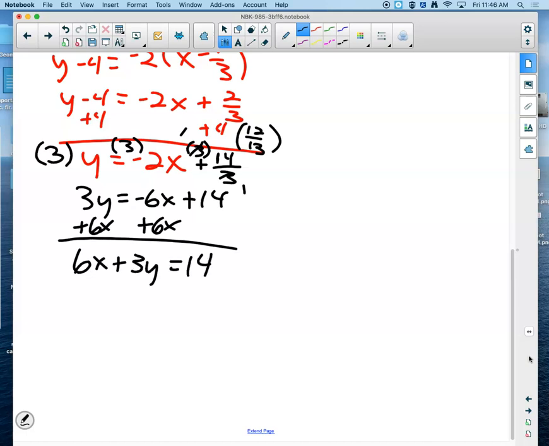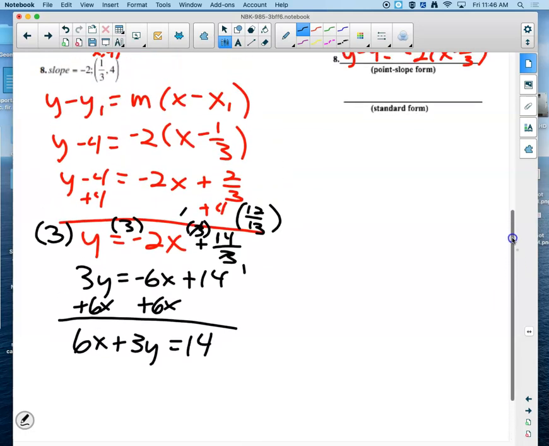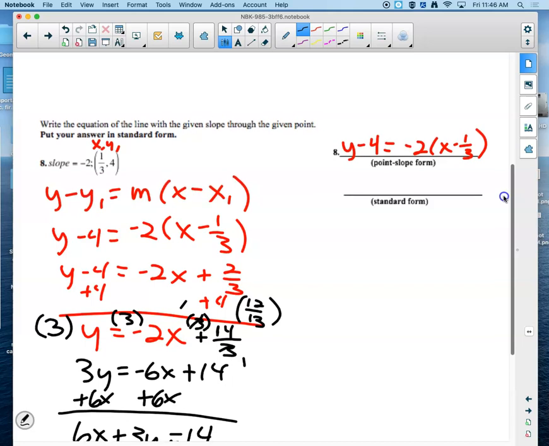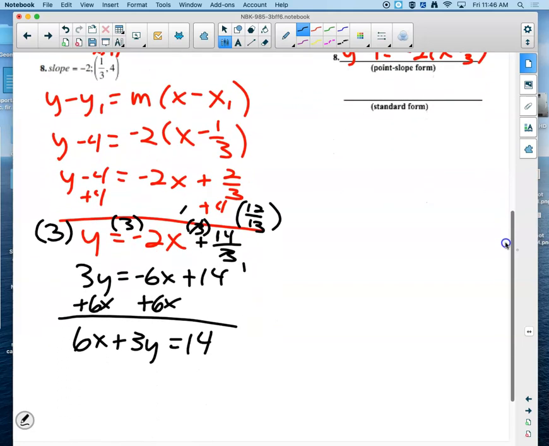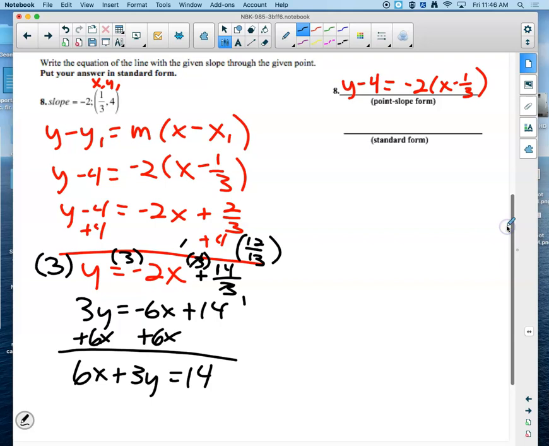That was a lot of good algebra. We used 3 different forms. We had point slope, slope intercept, and standard form. Excellent. Let's do one more and then we'll call it a day. We have to save some stuff for Monday.